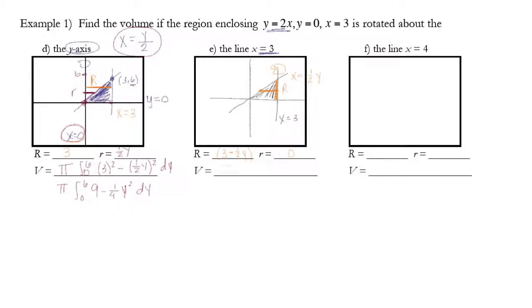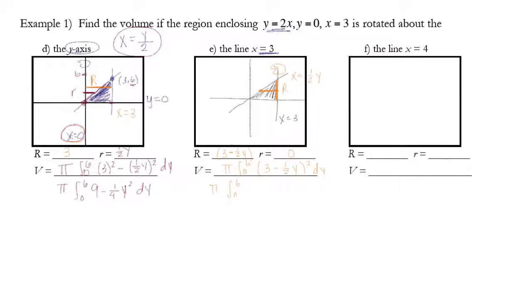Now we're ready to set up our volume. We're going to have pi times the integral from 0 to 6, and we're going to have just big R squared, so 3 minus 1/2 y all squared dy. Here we can pull the pi out, and then we'll collect our like terms and be ready to integrate this.